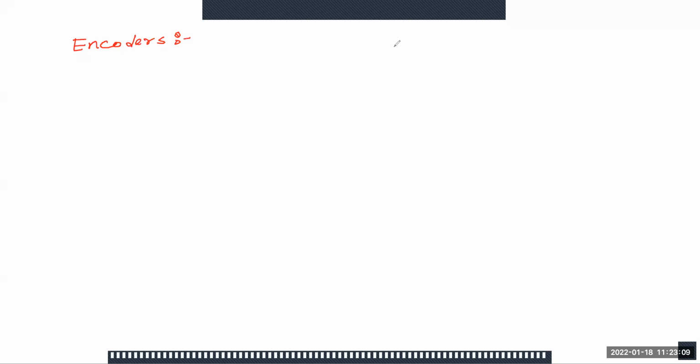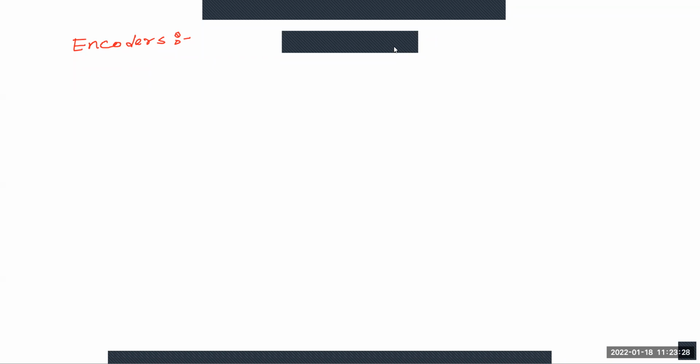So encoder actually is a digital circuit that performs the inverse operation of a decoder. You already know the concept of the decoder. In the case of decoder, the process was decoding, but here the process is encoding.